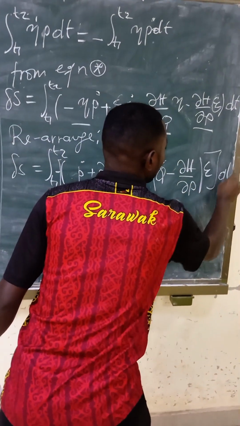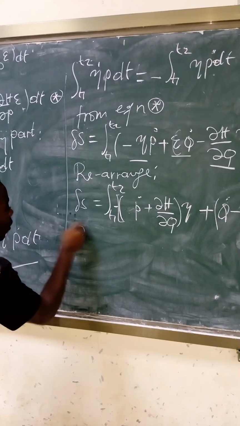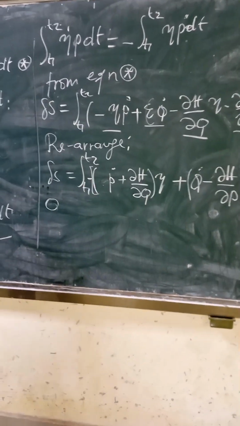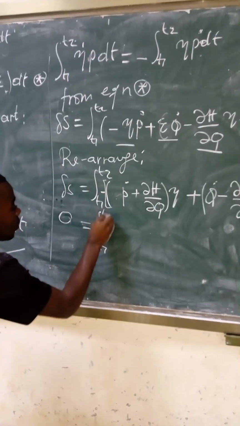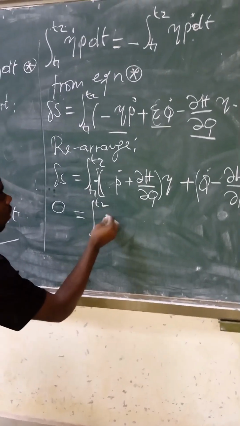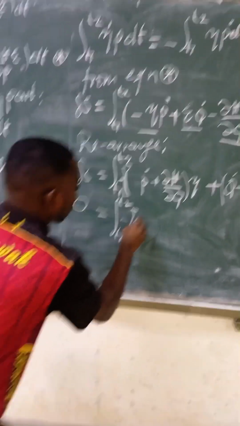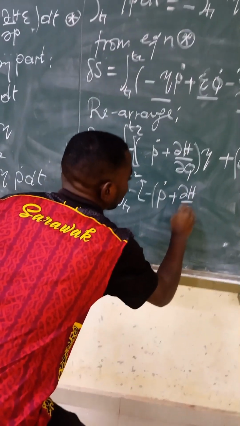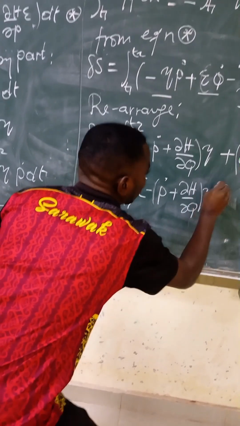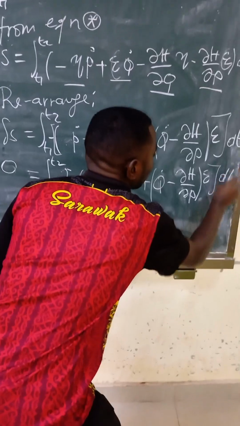This must give a minimum, that's why here I have 0 according to the principle of least action, which is equal to the integration from T1 up to T2 of negative p dot plus partial of H with respect to q, times theta, plus q dot, dt.